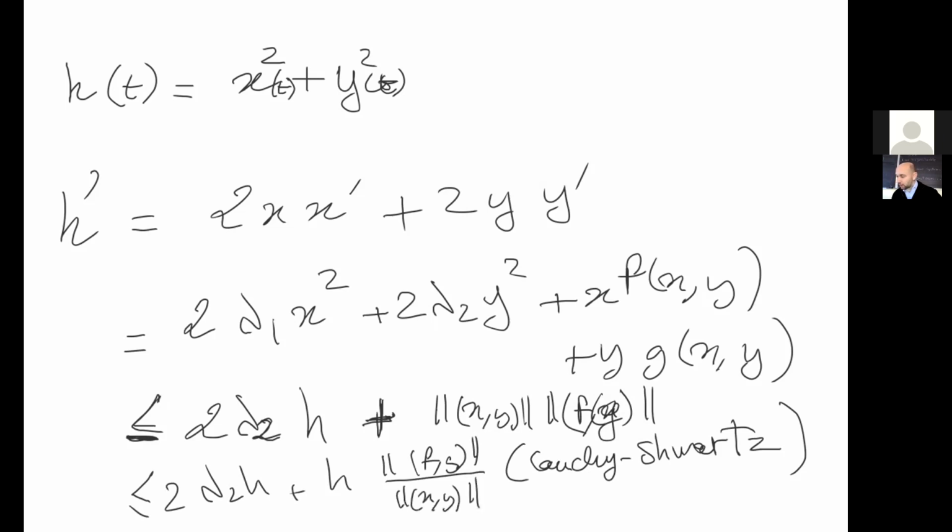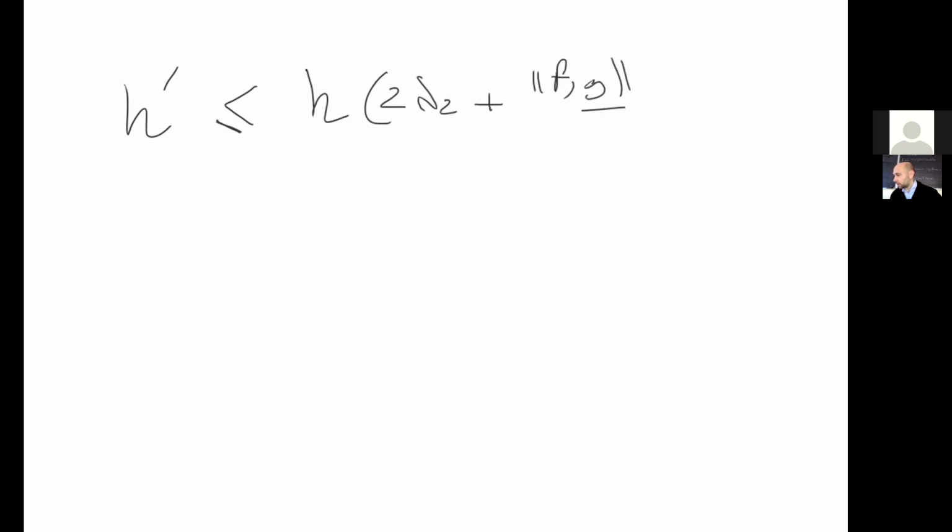But I know that this is converging to 0. So finally, I get that H prime is less than H times 2 lambda 2 plus the norm of (f,g) divided by the norm of (x,y).